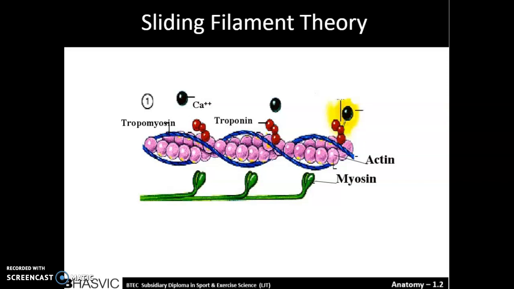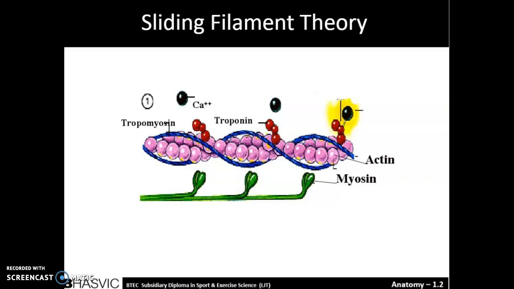Calcium binds to troponin and moves. This means that the actin binding site is free as a myosin crossbridge is formed, and then this means that more ATP can be released over the crossbridge.